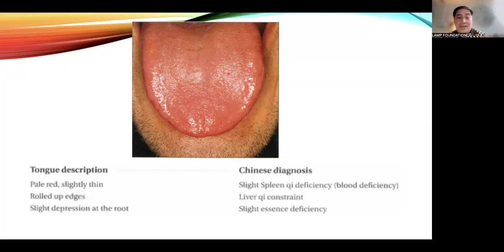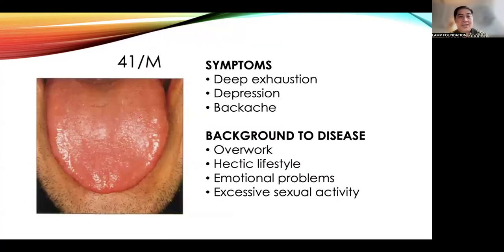Okay. When you see a thin tongue, ano ba to? Tingnan nyo ha, automatic yan. The guy is only 41. Hanapin na pagka blood deficient ba, there's always cracks sa tongue?